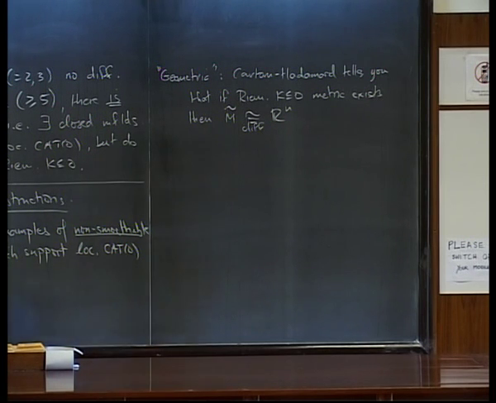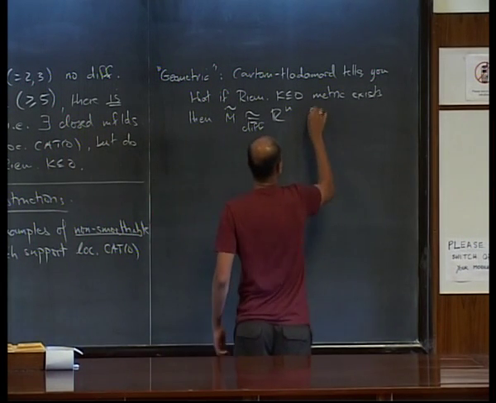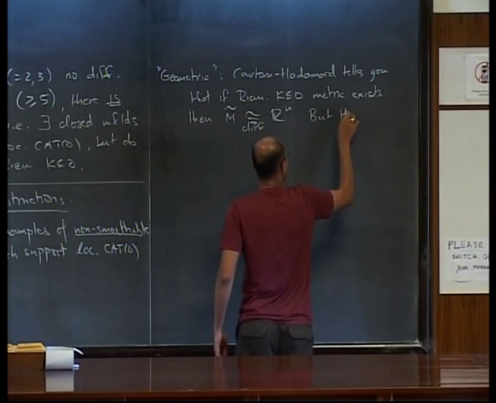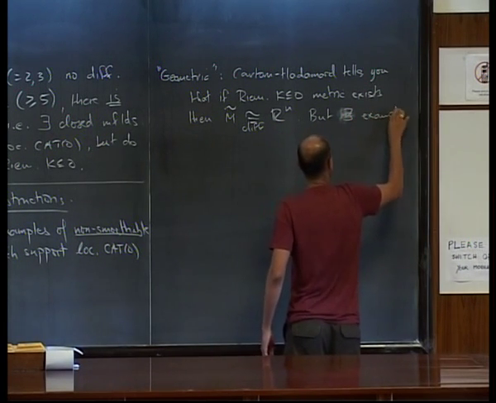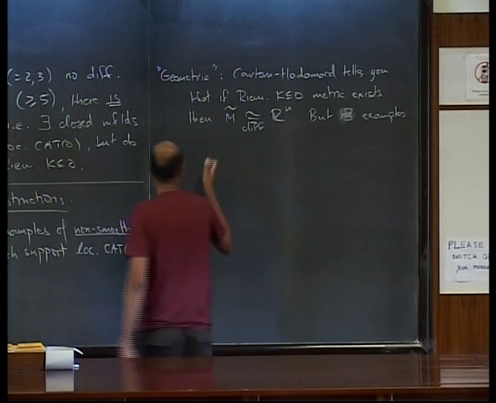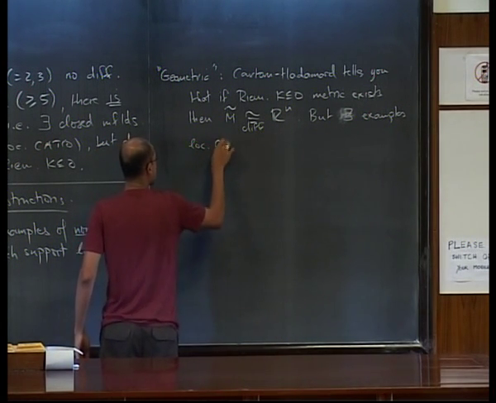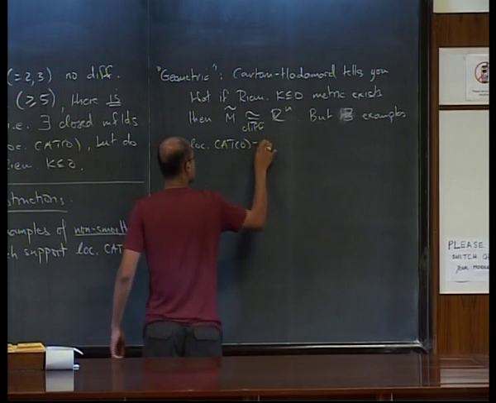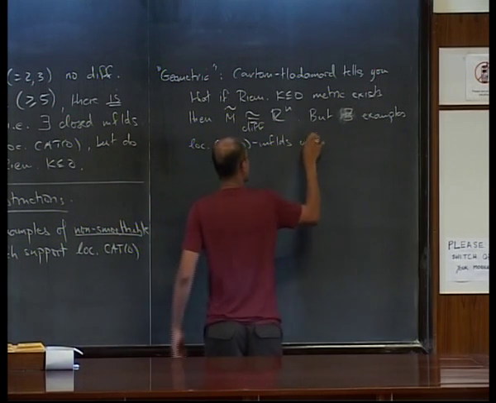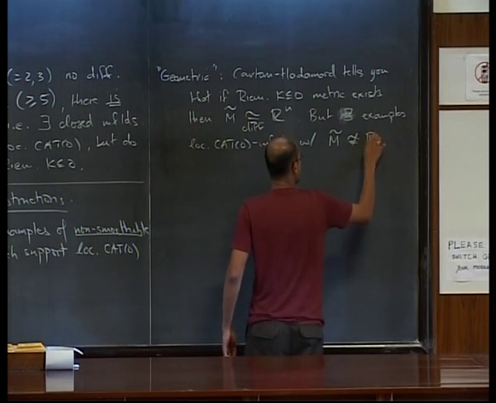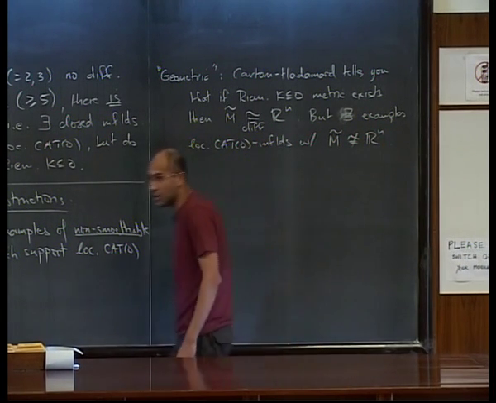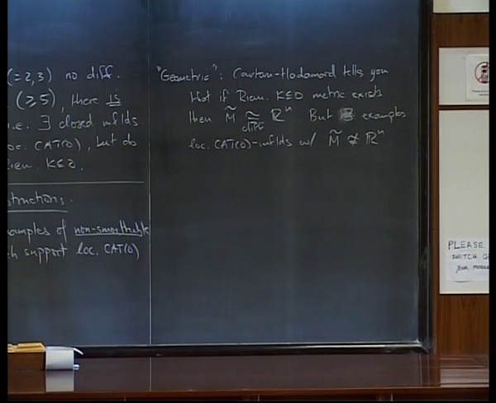Well, now there exist examples of locally cat-zero manifolds with M tilde distinct from R^n. Again, these would not support Riemannian non-positive curvature.